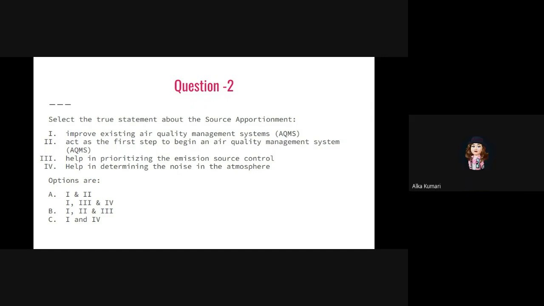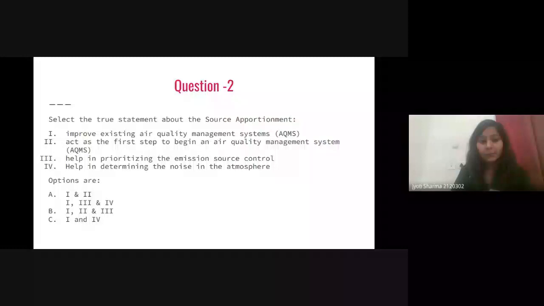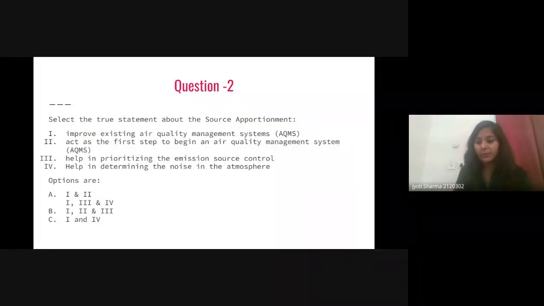The fourth option, no, the option is 1, 2, 3. Sorry, yes, 1, 2, 3 should be the right answer, because the first thing is it will improve the existing air quality management system. For example, you have some policies, and based on those policies, you know that particulate matter 2 is more emitted from, let's say, industries.